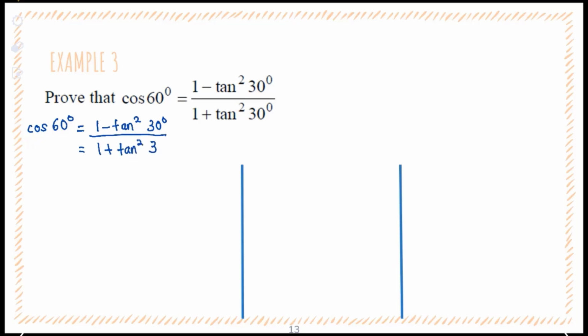Okay students, we're gonna choose either the right hand side or the left hand side. If we choose the right hand side, we have to use only the right hand side to prove the left hand side. If we choose the left hand side, we can only use the left hand side to prove the right hand side. So it's up to you. For this example, I would like to choose my right hand side. As I mentioned earlier, we need to remember what tangent 30 is.